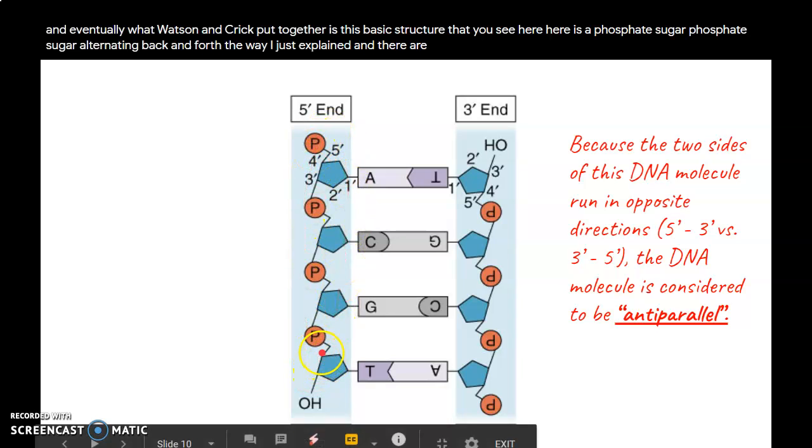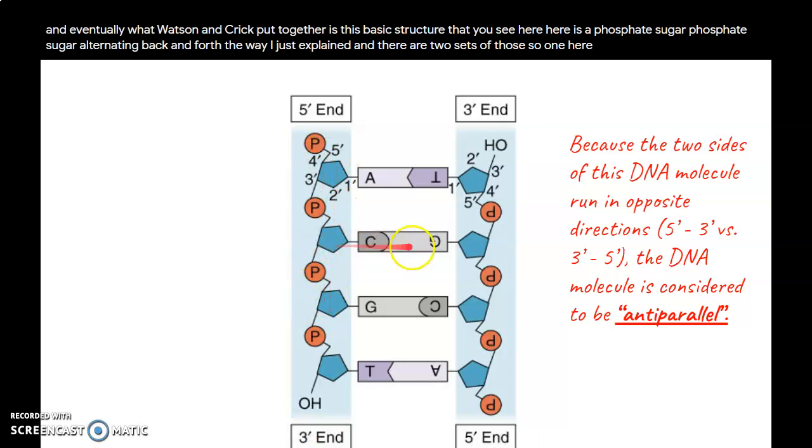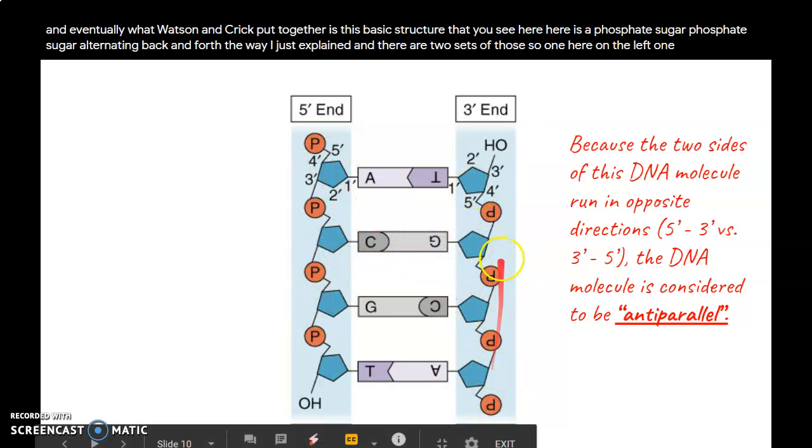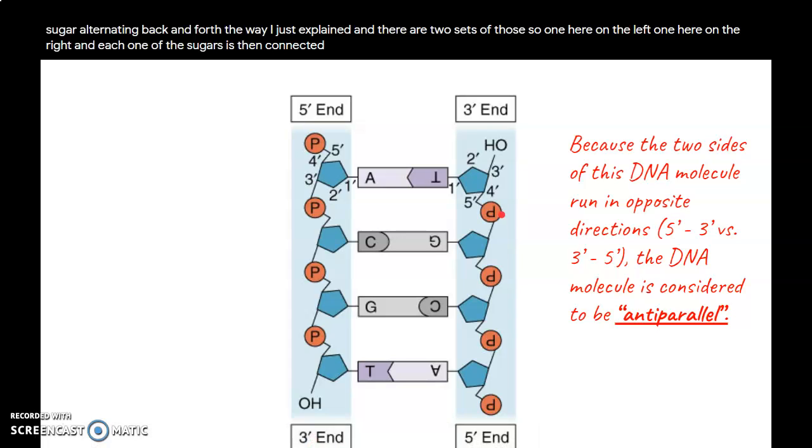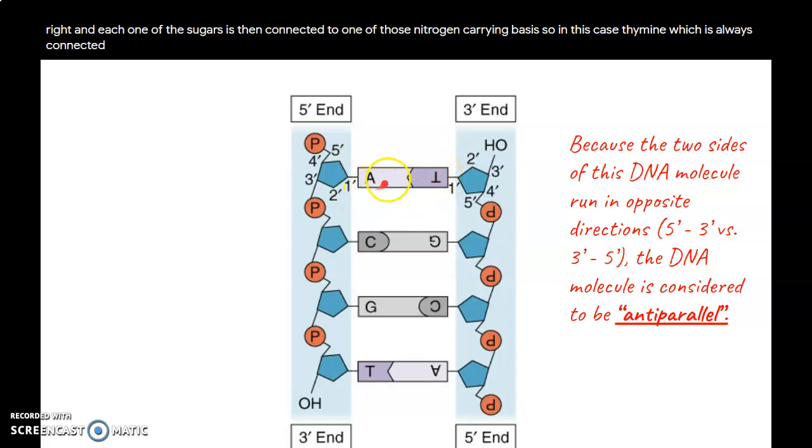And there are 2 sets of those. So one here on the left, one here on the right. And each one of the sugars is then connected to one of those nitrogen-carrying bases. So in this case, thymine, which is always connected to an adenine. In this case, cytosine, which is always connected to a guanine. Notice that it looks very much like a ladder.